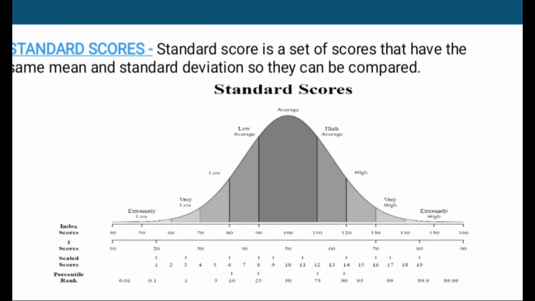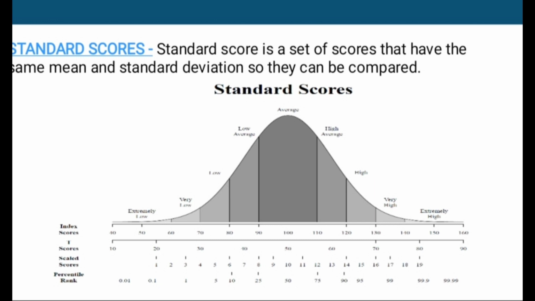Test developers calculate the statistical average based on the performance of the students tested in the norming process of the test development, so that the score assigned to different performance levels is calculated based on the differences in the student scores from the statistical average and is expressed as standard deviation.